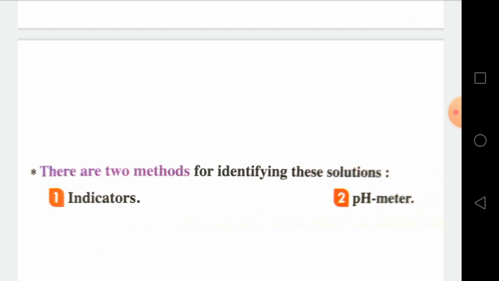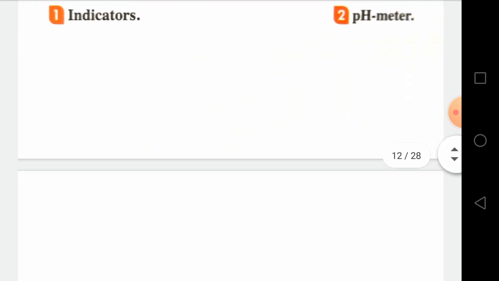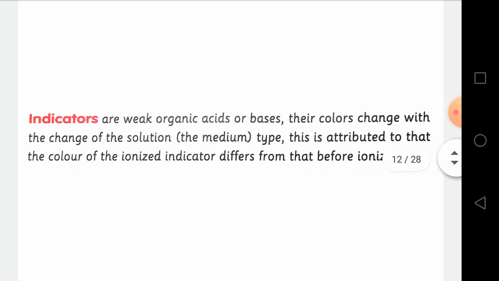So to detect the type of solution, if it is acidic, alkaline or neutral, we may use two methods. We can use indicators and we can use a pH meter. Firstly, what are indicators? Indicators are weak organic acids or bases. Their color changes with the change of the solution or the medium type.